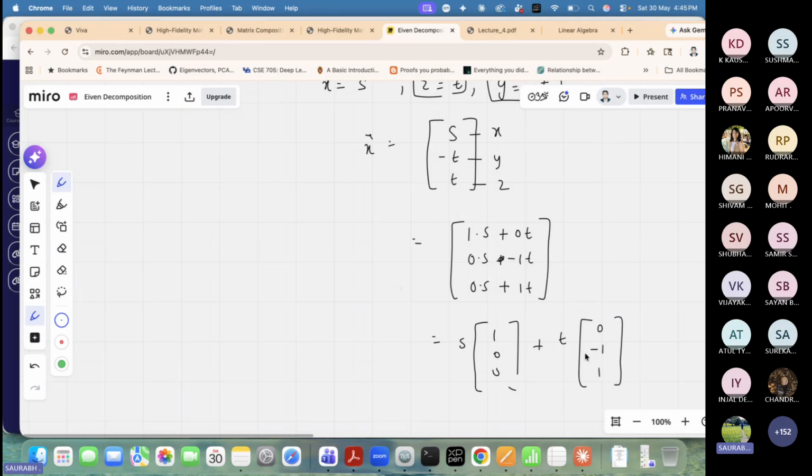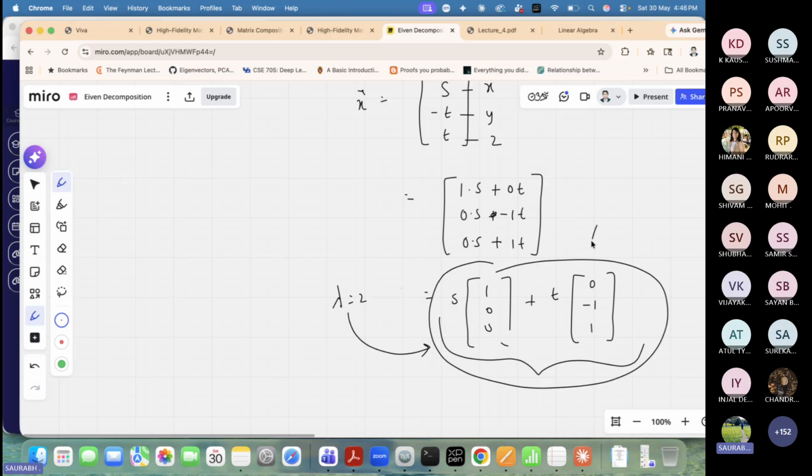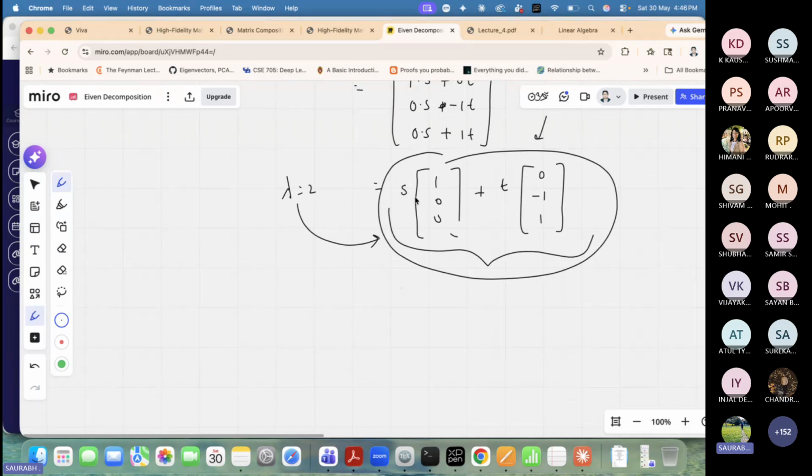Now this is your eigenvector corresponding to lambda equals 2. This is what you have to find out. So your set of eigenvectors would be of this form. You feed in any value of s and t, and you get a new vector. Let's say s is 2, giving 2 times (1, 0, 0), and t is 1, giving (0, minus 1, 1).